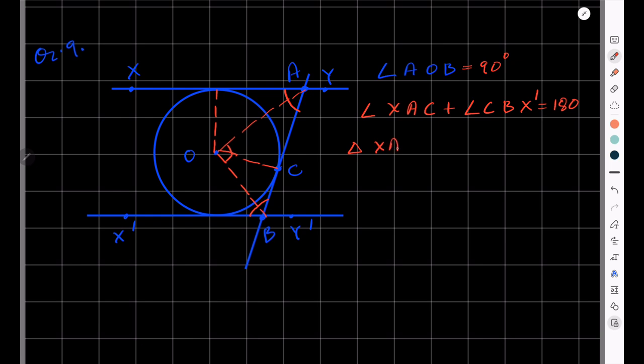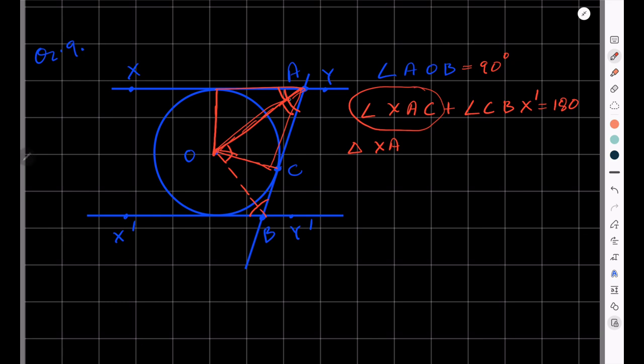So these two angles will be the same, and these two angles put together is XAC, isn't it? It's XAC.